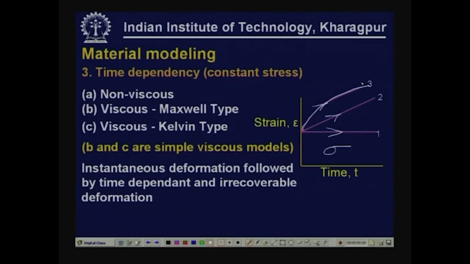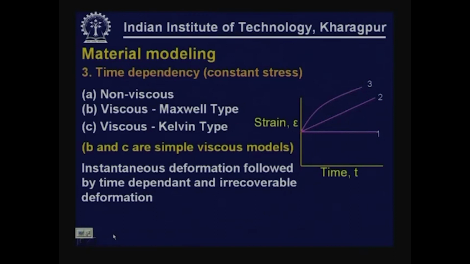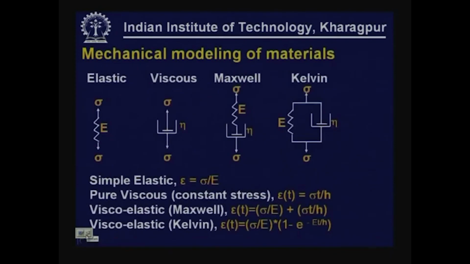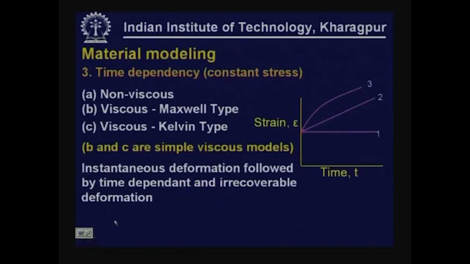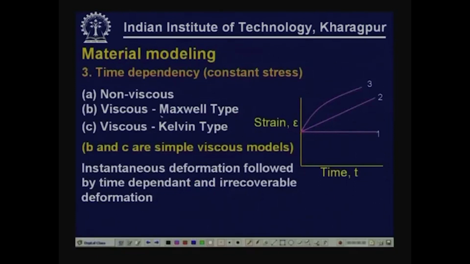So, various types of mechanical models are commonly used to describe the viscous behavior of materials. The two commonly used models, which are the simplest models used to describe viscous behavior, are the Maxwell model and the Kelvin model.